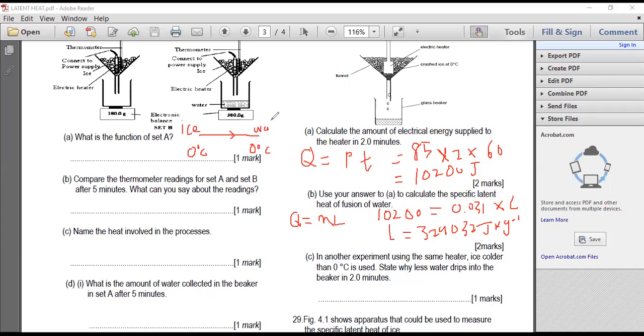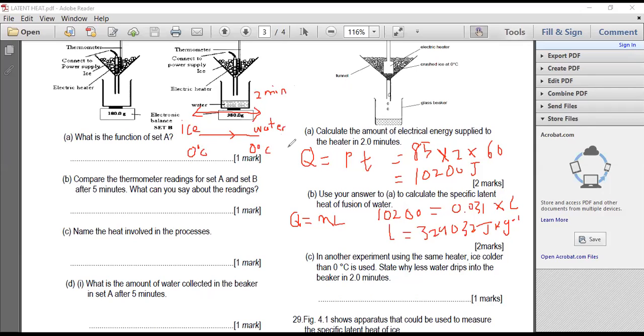You don't need to increase the temperature. In 2 minutes you are using the heat 100% to melt the ice from 0 degrees Celsius ice to 0 degrees Celsius water.